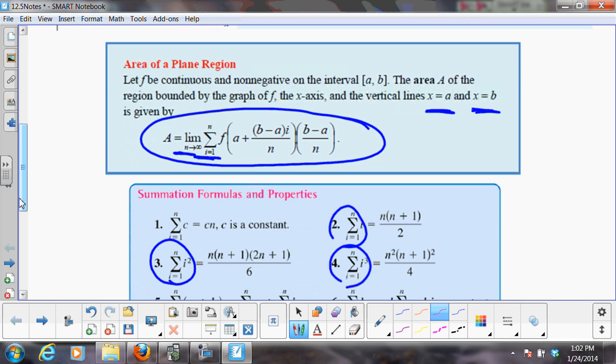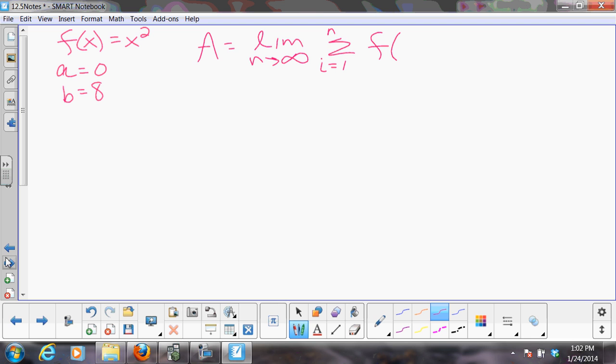So it's a plus b minus a, i over n. a is 0, so 0 plus b, which is 8. 8 minus 0, i over n. Then it's 8 minus 0 over n. So I can simplify this.